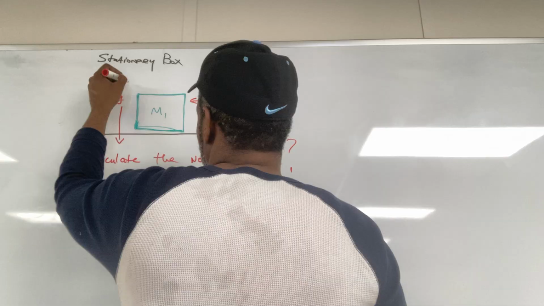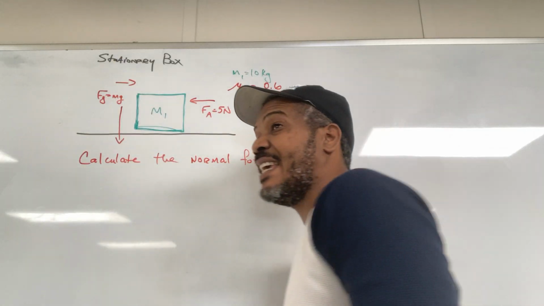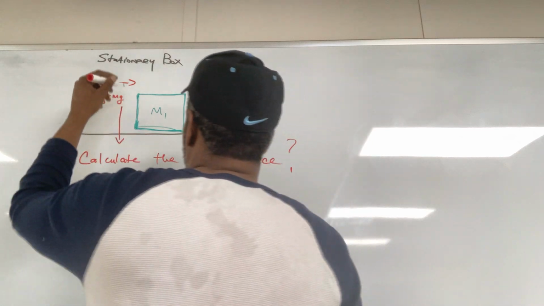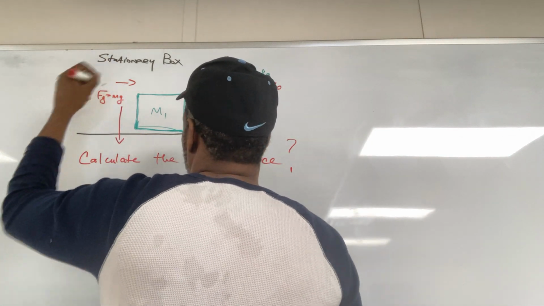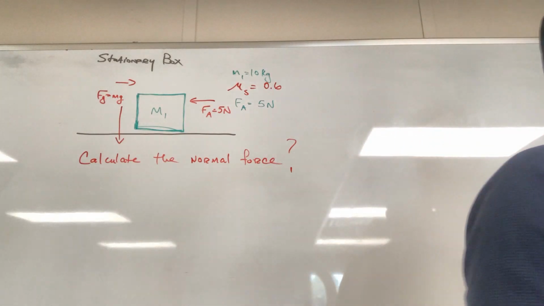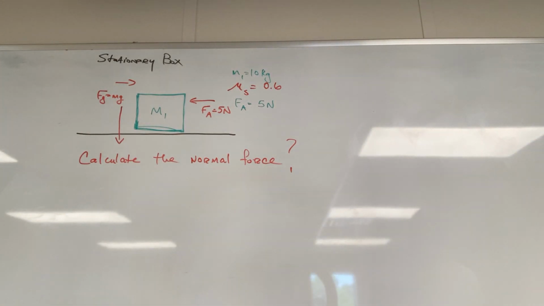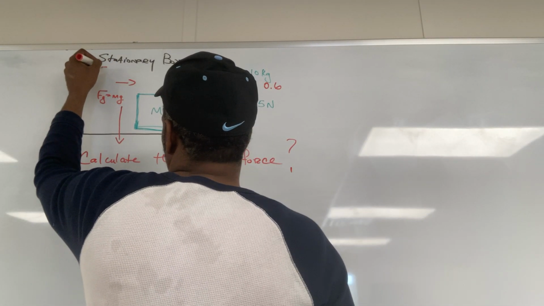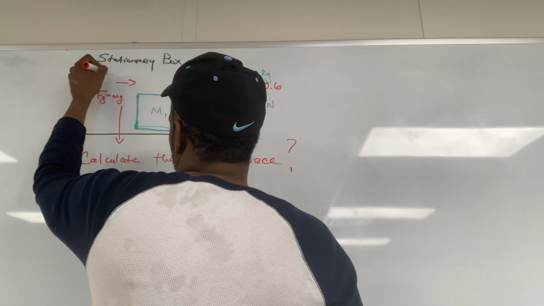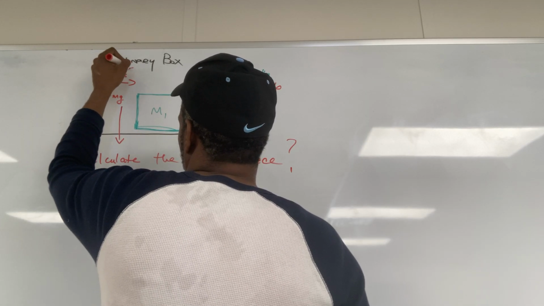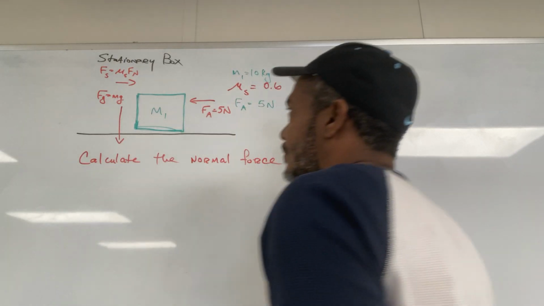So static friction works against our motion, just like kinetic friction. Static friction is just the friction that you experience before you start moving. That's static friction. That's what we're dealing with now, right? F of S equals mu of S times F of N, right? That's the equation.